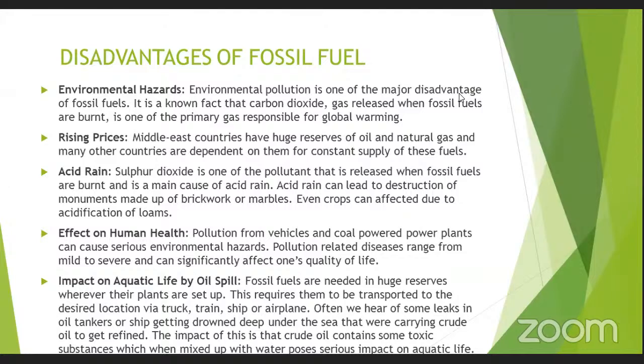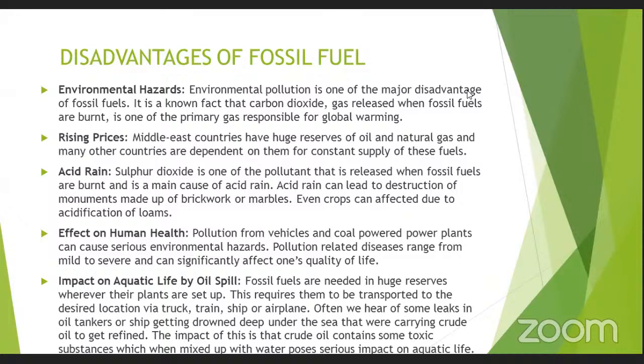So the next one is acid rain. That is because of industrial emissions, especially sulfur dioxide. Even though automobiles eject small amounts of sulfur, industries expel large amounts of sulfur dioxide into the atmosphere.